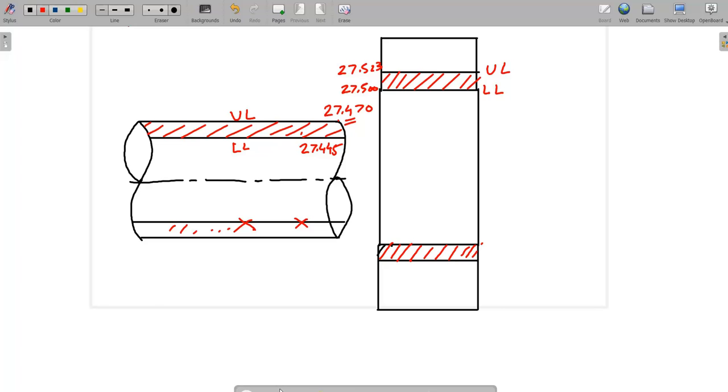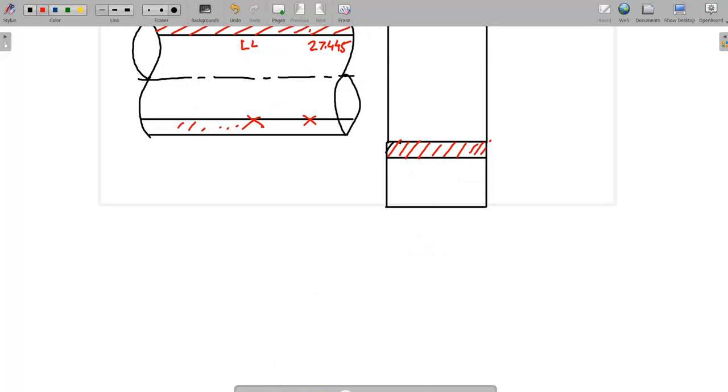So what is the formula for tolerance? One by one we will see. First we will find out the tolerance of the hole. Now what is the formula for tolerance?